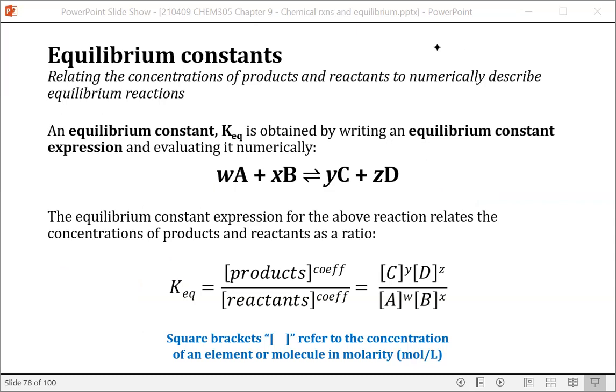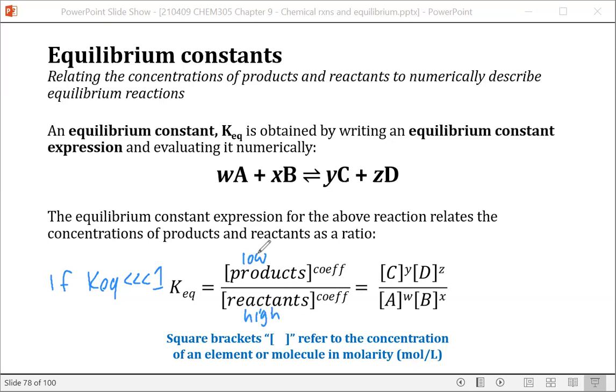And if KEQ is significantly less than 1, what that means is the ratio of the concentrations of the products over the reactants is relatively small. It's a decimal value less than 1. So that means the concentration of products is low and the concentration of reactants is high.